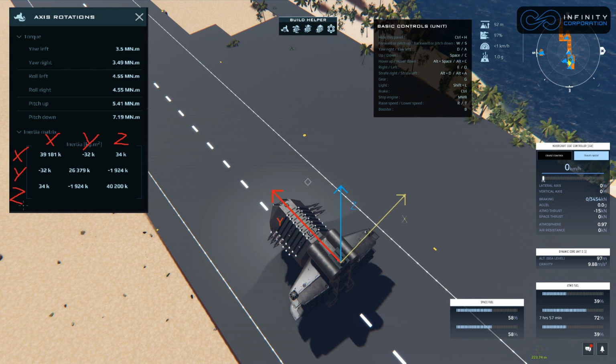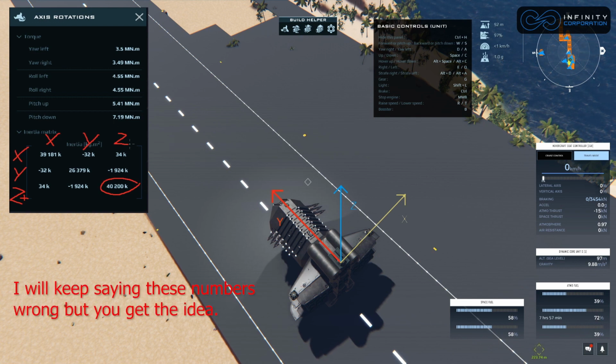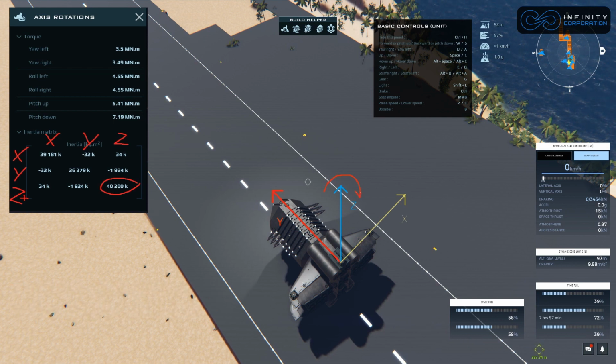We're going to start with the z-axis, which is yaw, because that's going to be easier to demonstrate while I'm sitting here on the runway. So if I yaw right, so if I input yaw, my yaw force is 40,000 in the z-axis.